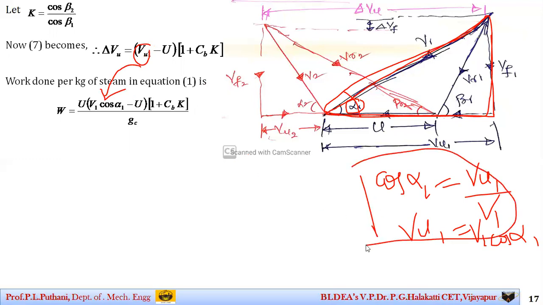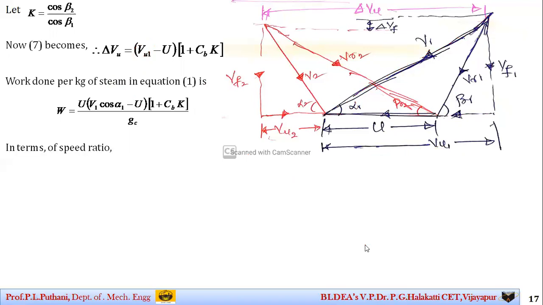Okay, students. In terms of speed ratio, which you have learned in module number 1, where phi is equal to U by V1, in the above equation wherever U is there, you can substitute this speed ratio.